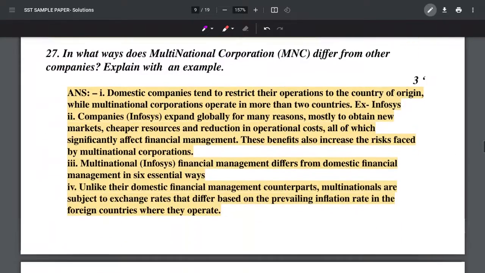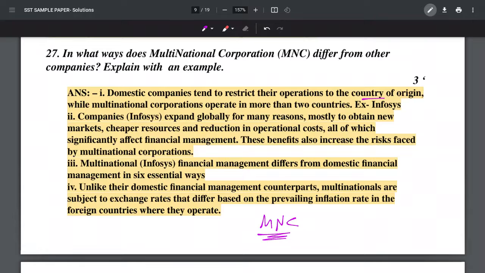Moving to the next question, question number 27. All right, let's see it. In what ways do multinational corporations, MNCs, differ from other companies? We have to explain with an example. So how are MNCs different? We have to do differentiation. Domestic companies, which are local, restrict their operation to the country of origin, while multinational corporations operate in more than two countries.